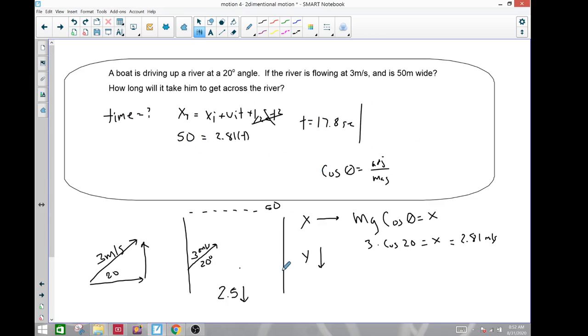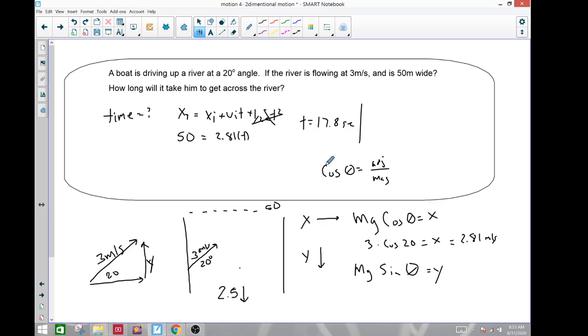Now our last question: how far downriver are we, or are we even going to be downriver? Maybe we'll be upriver, maybe exactly horizontal. Great question. But now we need the y velocity. This is the magnitude of the vector times the sine of the angle, which gives me my y component.